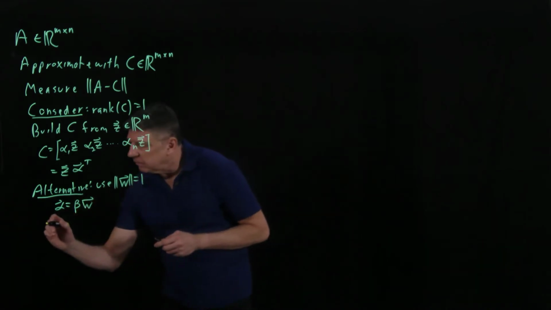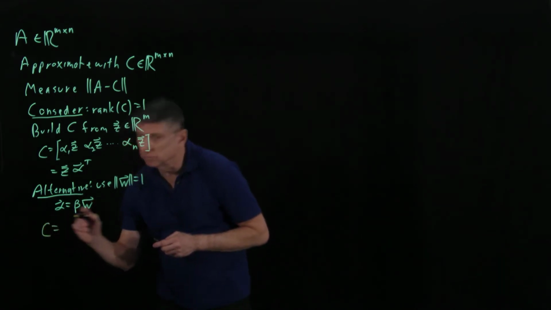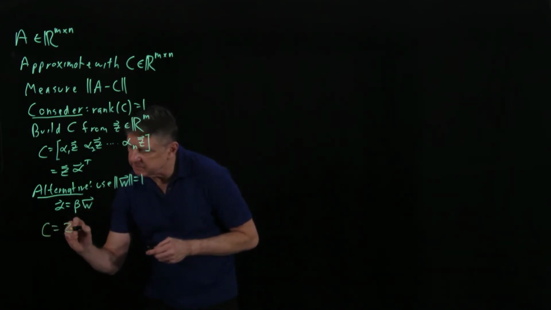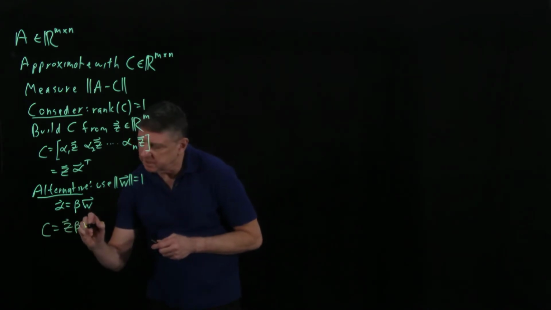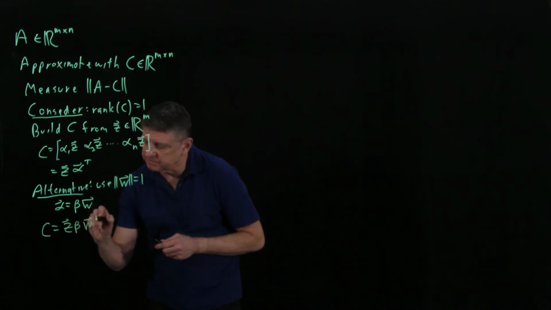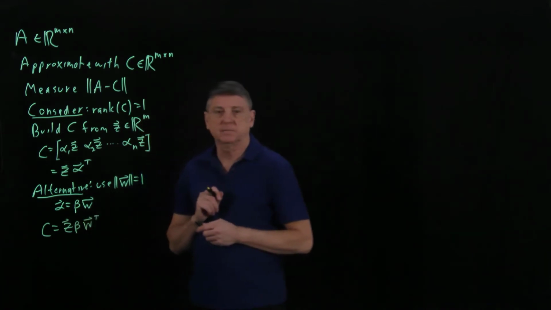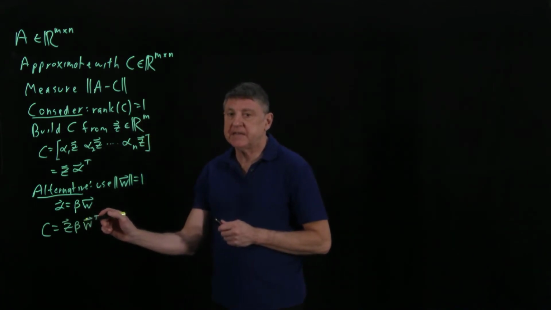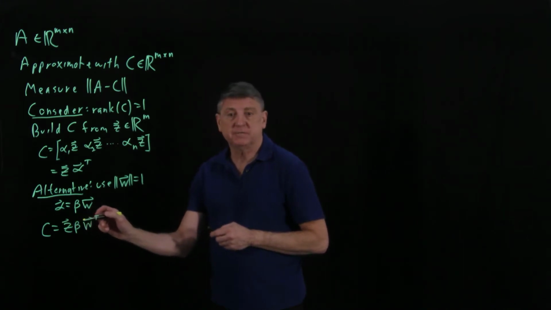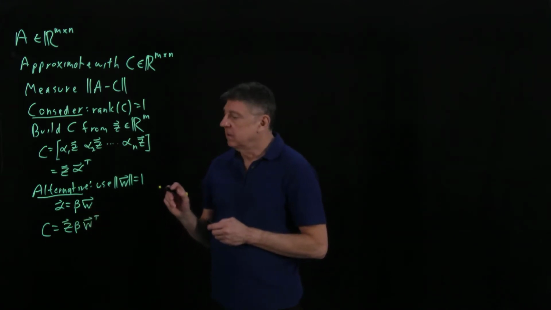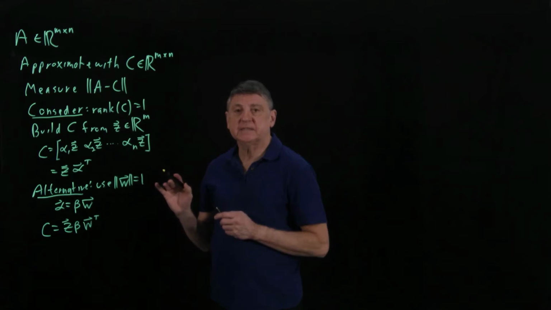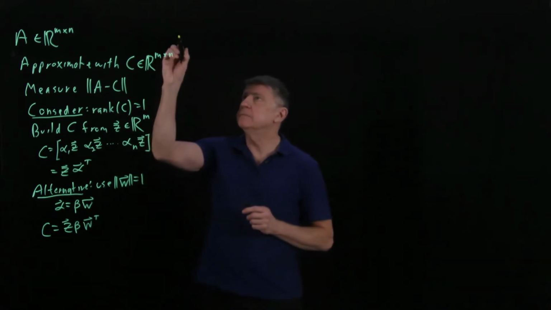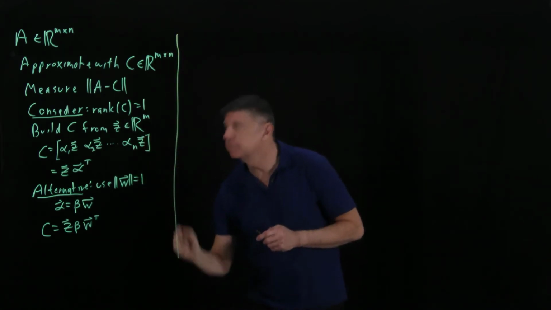So now our rank 1 matrix looks like this. It is some column times some value times the transpose of some unit vector. So I could even say now that Z is a unit vector. Now the question is, what is the best choice?